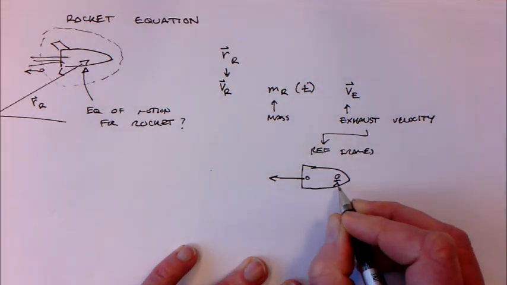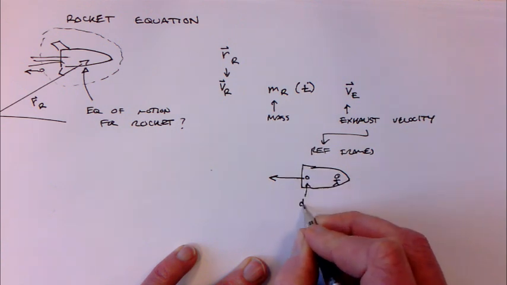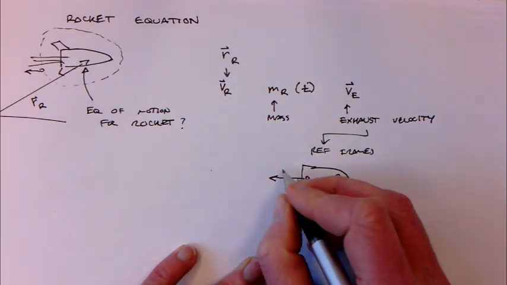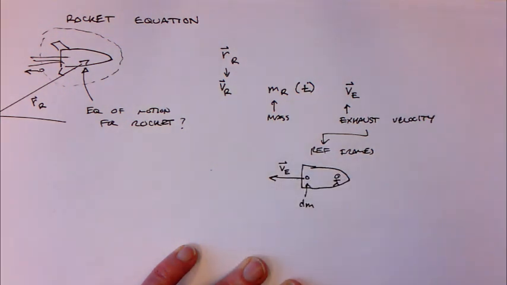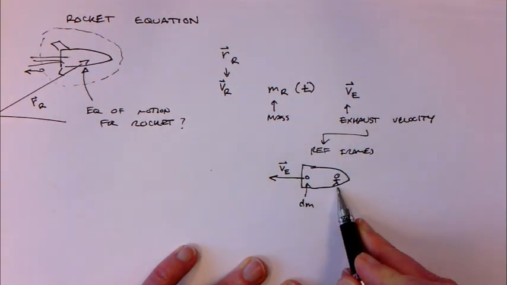From the reference frame of an observer in the rocket, they would say there's a little piece of mass, which I'm going to call dm. That bit of mass is leaving the rocket, and the velocity of that bit of mass is v sub e. So the exhaust velocity is the velocity as measured by someone in the rocket's frame of reference.